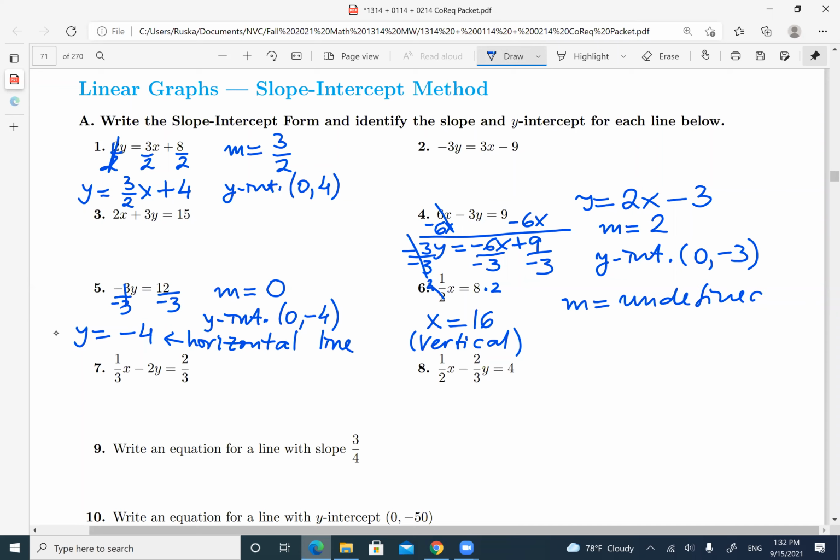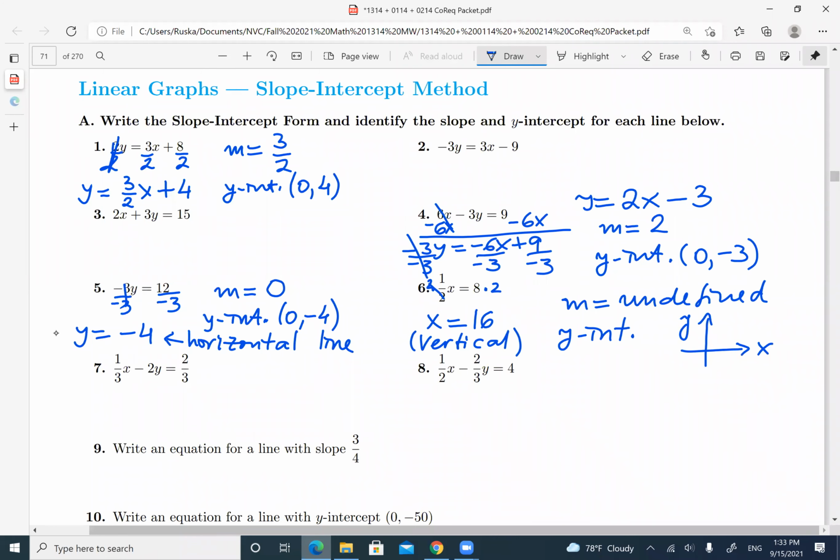So if it's a vertical line, where is the y-intercept? Where is it crossing the y-axis? Think about it, if you have a vertical line, are you going to cross the y-axis? No. You have it like this, see? This is x, this is y.